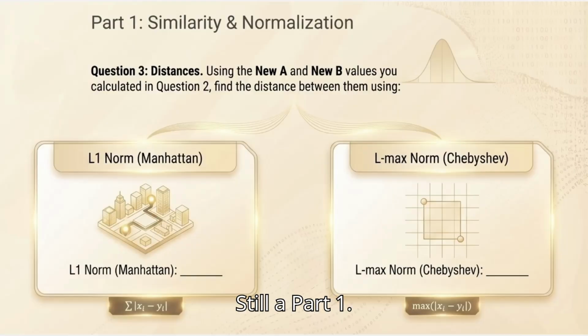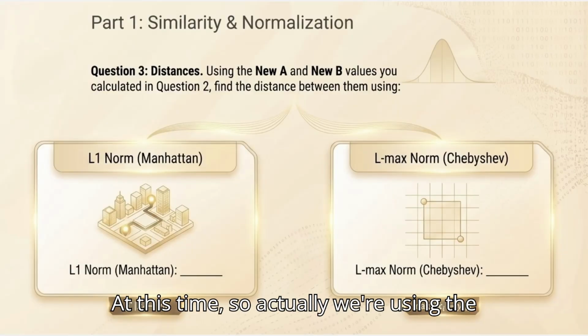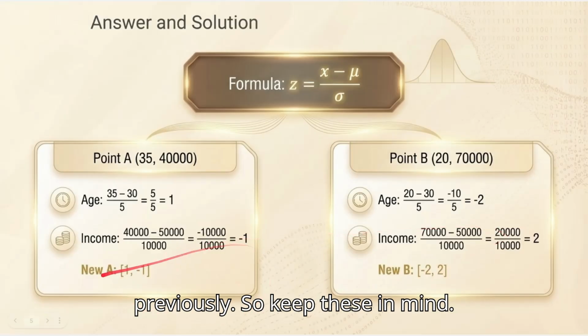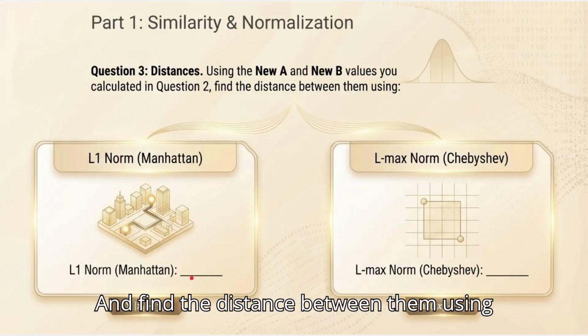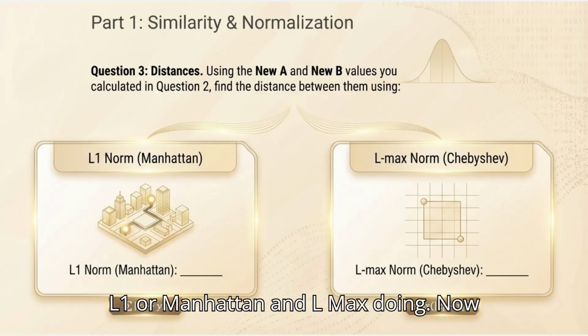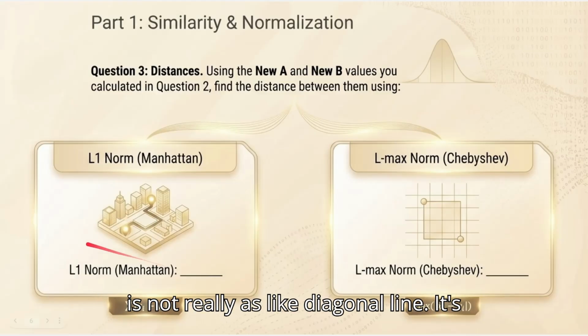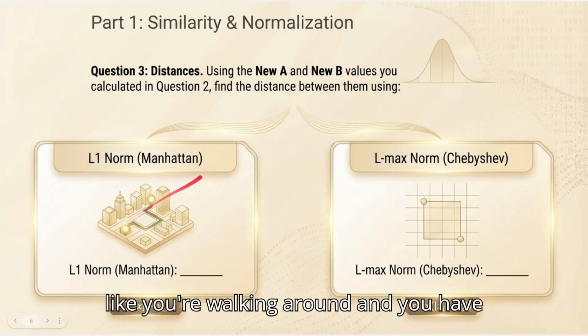Still in part one, but this time we're using the new A and new B that we got from previously. So keep these in mind and find the distance between them using L1 or Manhattan and L max norm. Before you start, remember, Manhattan is not a diagonal line.